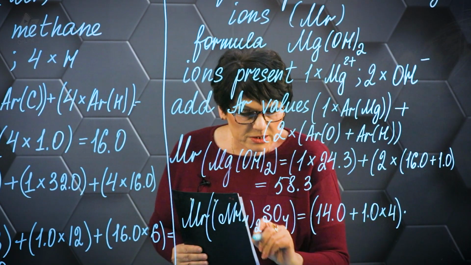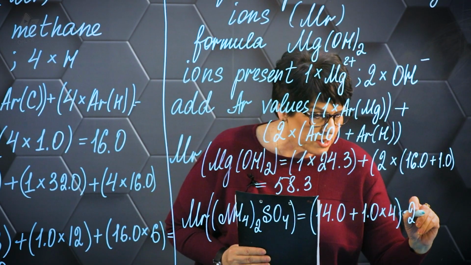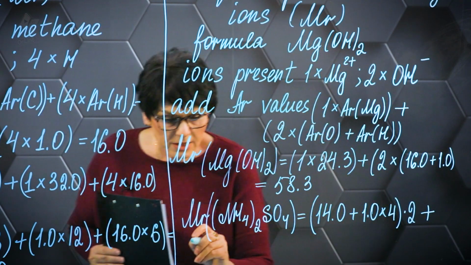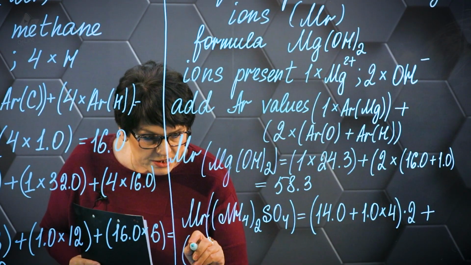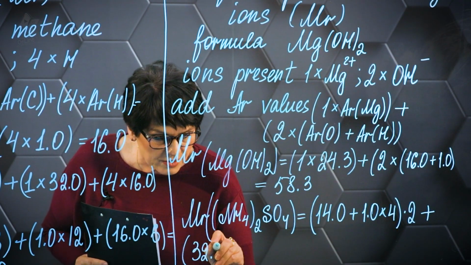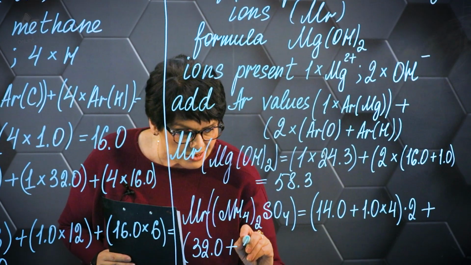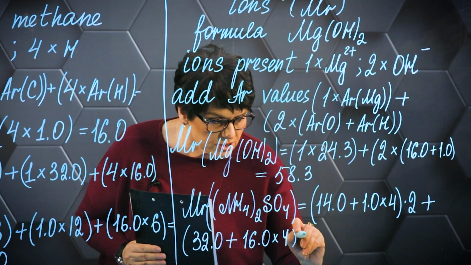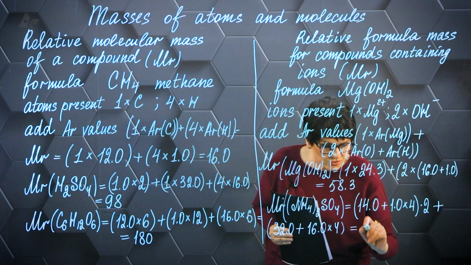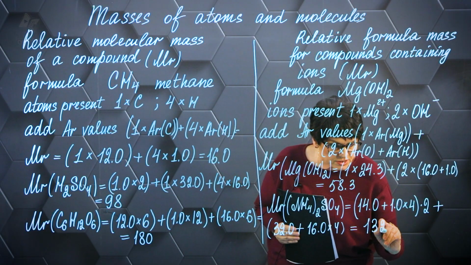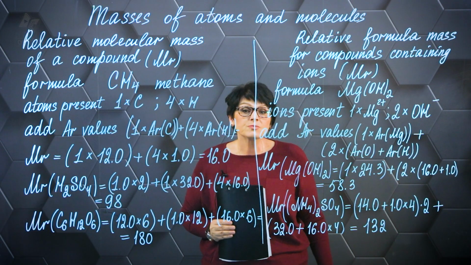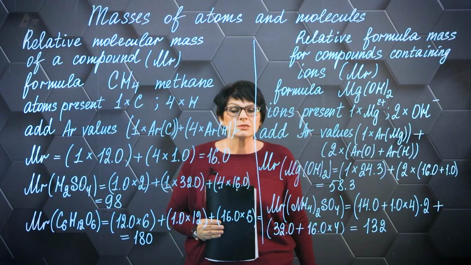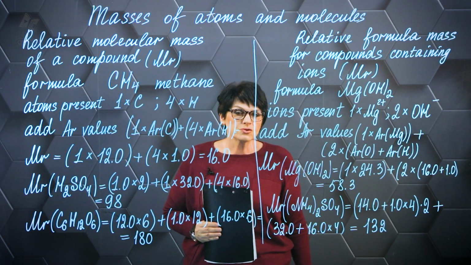Outside the parenthesis, we have 2 times it, plus sulfur, 32, plus oxygen, 16 times 4. This calculation yields 132.